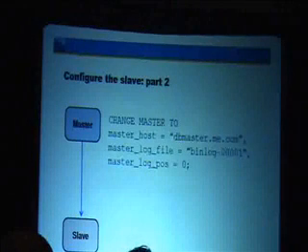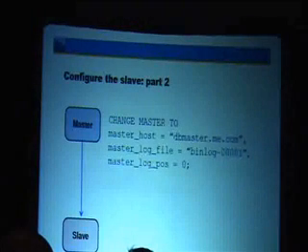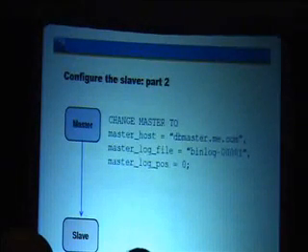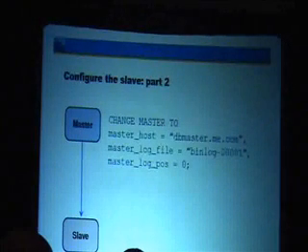And this is a different version of this, and in this one you have the host name, and then you say that you want to start at a certain binlog position. So you can instruct replication that you want to start at a certain position in this log.